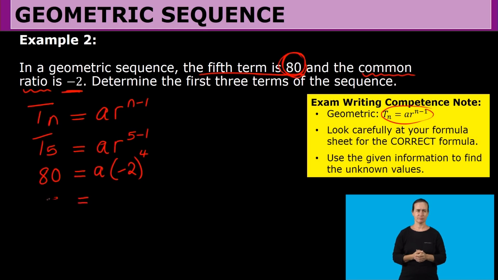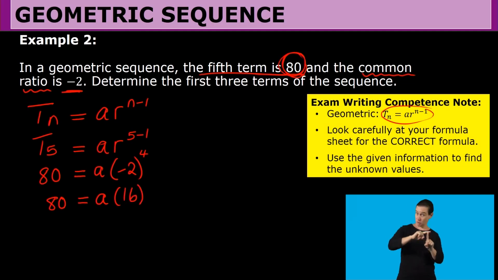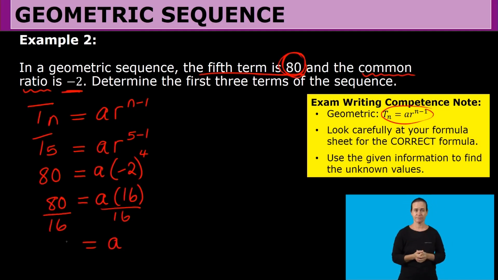Firstly, we start with the exponent, that is -2 to the exponent of 4. We know that is going to give us 16, a positive 16, and when we divide both sides by that 16, we can see that A is equal to 5, and that is the value of A. Remember, you need to use the correct formula, and you can simply do that by finding that formula on the formula sheet.